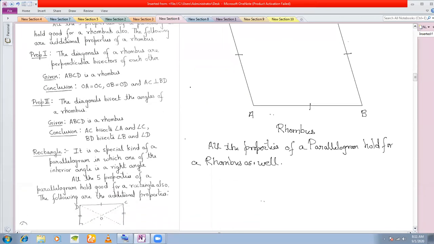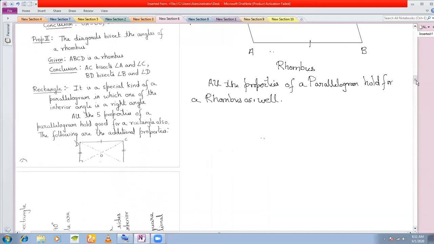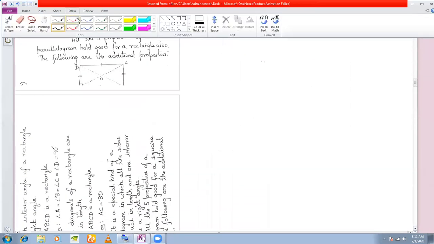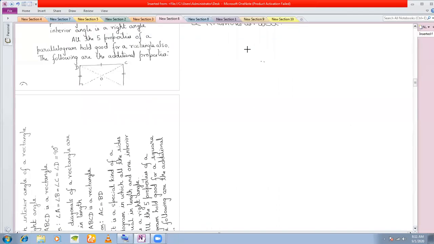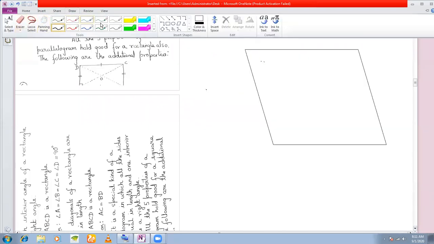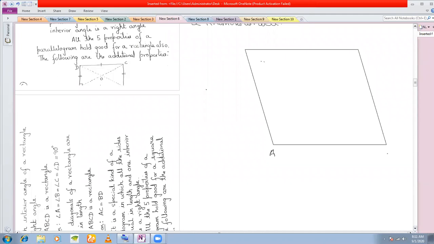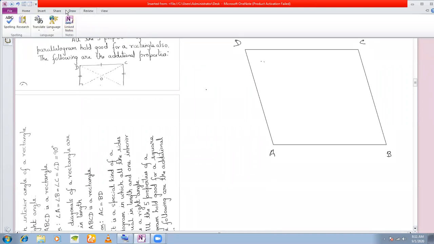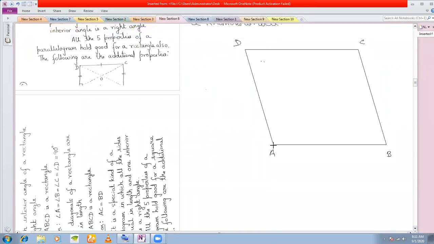The first property is that the diagonals of a rhombus are perpendicular bisectors of each other. Okay, so what does this mean? Let's consider a rhombus. Given to you is a rhombus in this manner. Let's say this rhombus is A, B, C, D, and let's draw the diagonals of this rhombus.